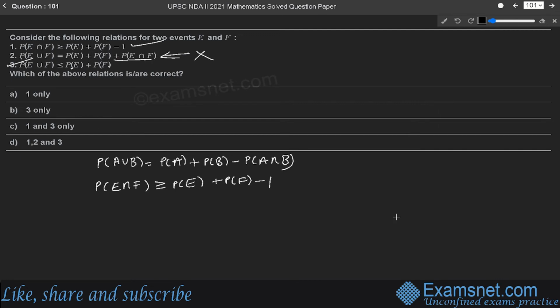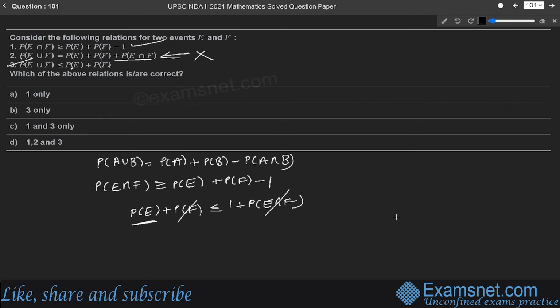Let us understand this. Let us take 1 on the other side. Then it will be P of E plus P of F is less than or equal to 1 plus P of E intersection F. Suppose we remove P of F and P of E intersection F, then P of E will be either less than 1 or equal to 1.